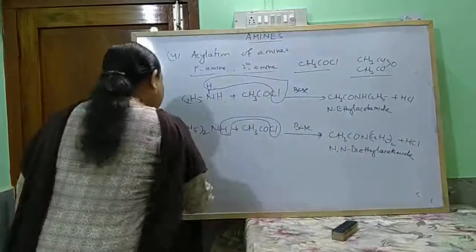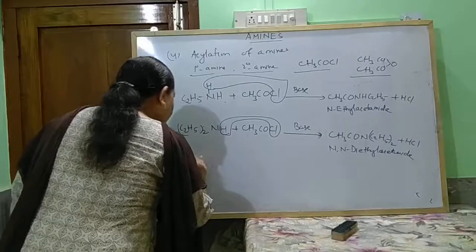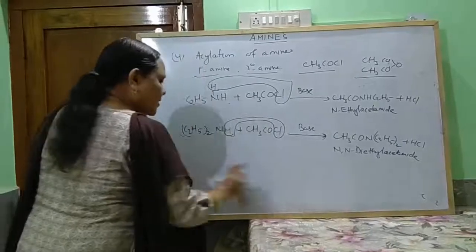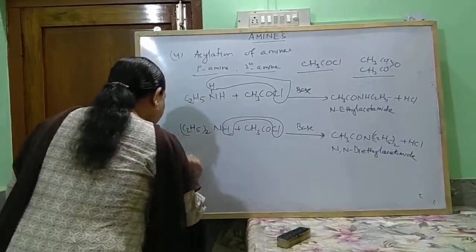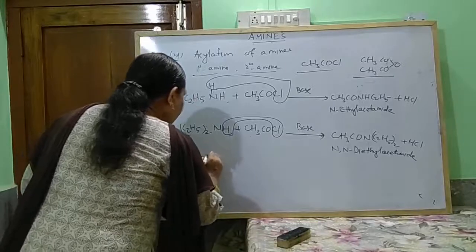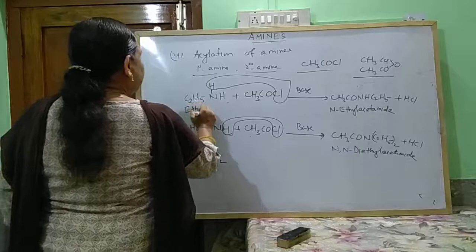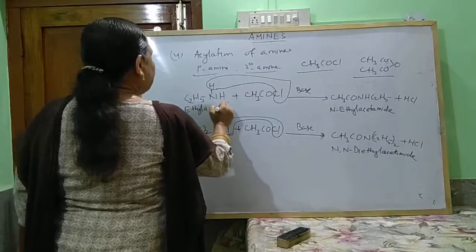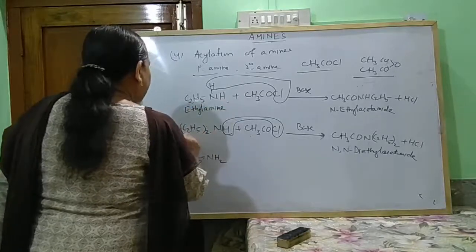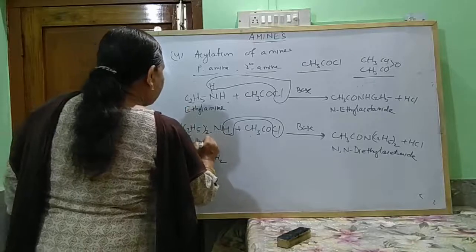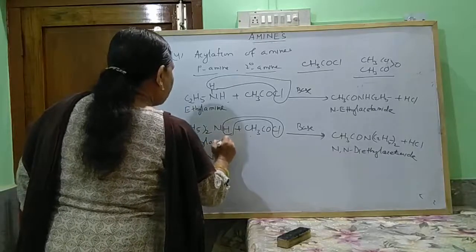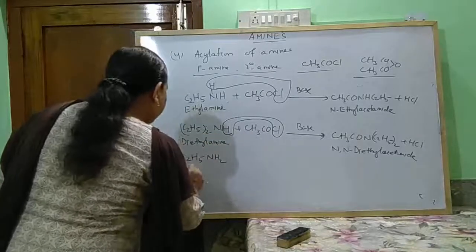Similarly, the reaction can take place in the presence of acetic anhydride. C2H5NH2, this is ethylamine. Remember to write the name.